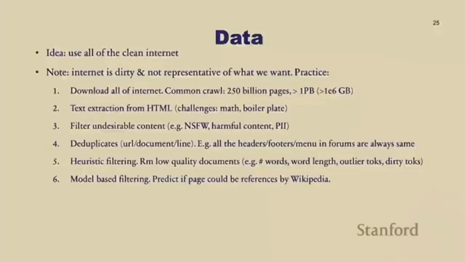Next step, model-based filtering. Once you've filtered a lot of data, what you will do, and that's actually a very cute trick, is take all of Wikipedia and look at all the links that are linked through Wikipedia pages. Because if something is referenced by Wikipedia, it's probably a high quality website. And you will train a classifier to predict whether a document comes from one of these references from Wikipedia or whether it's from the random web.